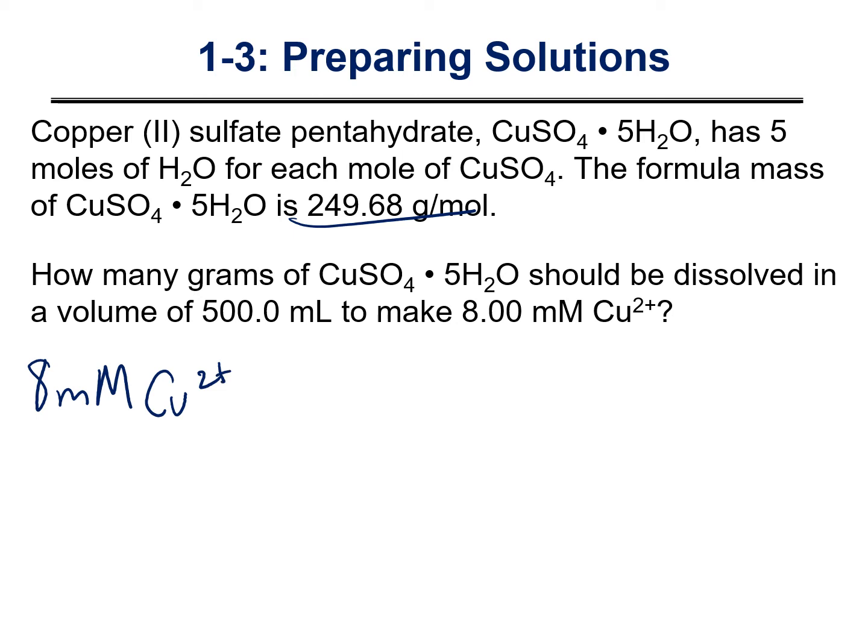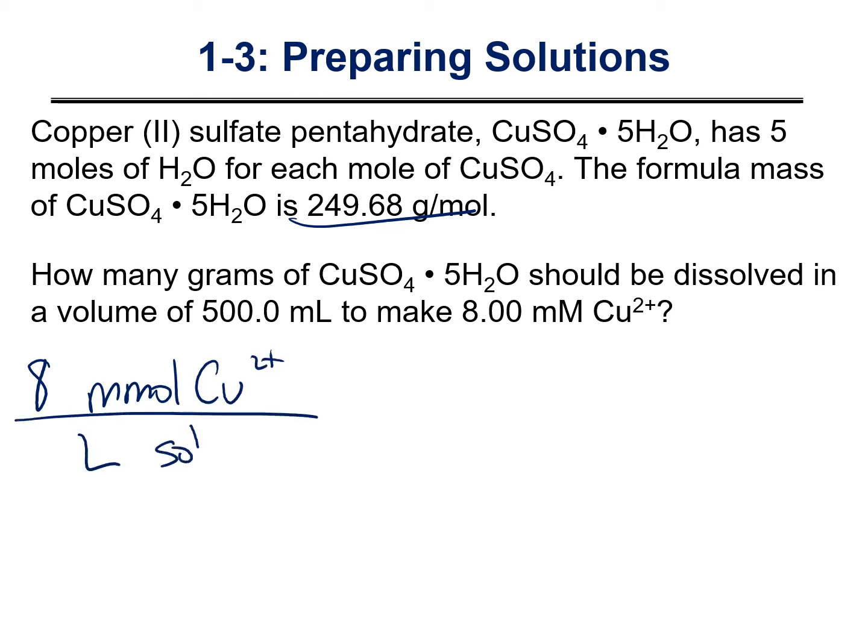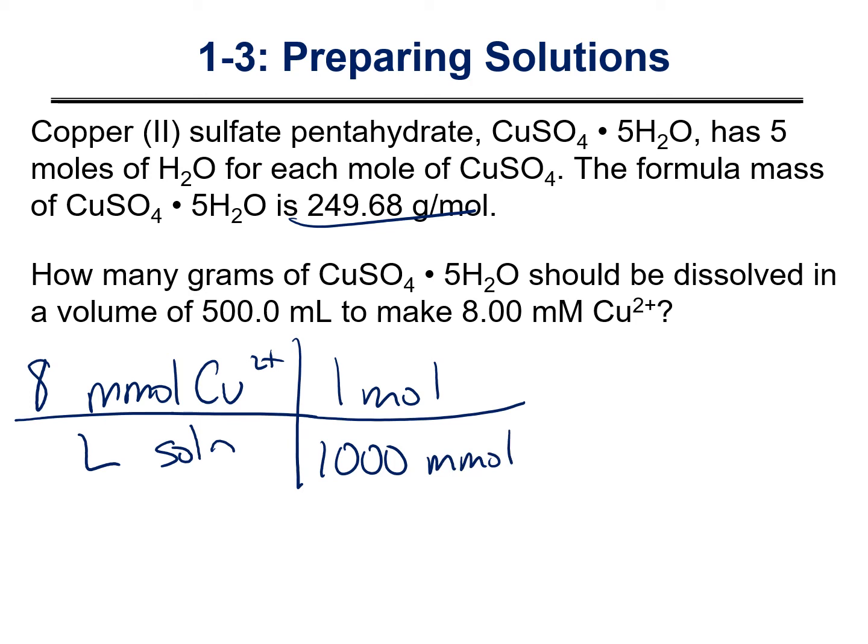So I can rewrite millimolar to be millimoles per liter of solution. And if I wanted to convert millimoles to moles, I would just need to divide by 1,000 because there are 1,000 millimoles per every mole.